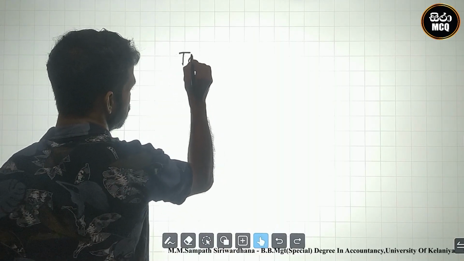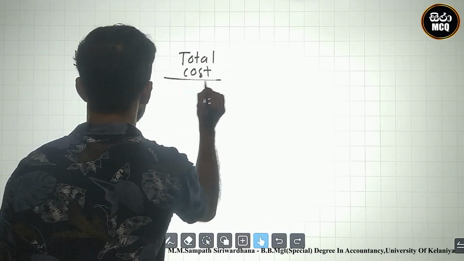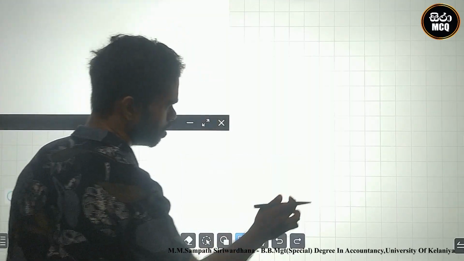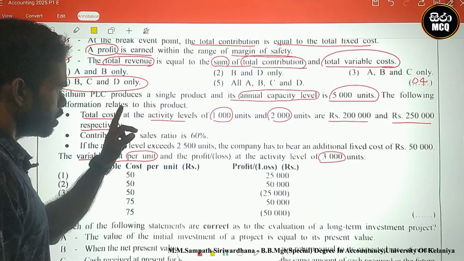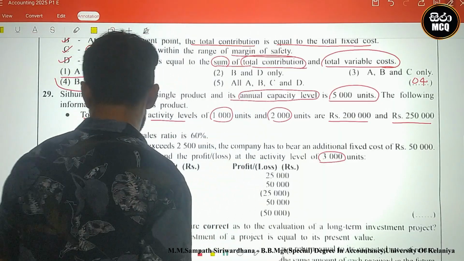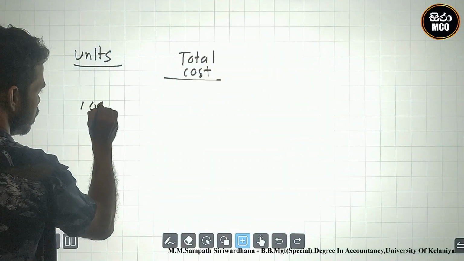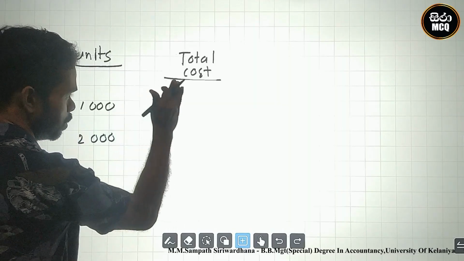There are two activity levels: 1000 units and 2000 units. There is a 1000 unit production and a 2000 unit production. What is the total cost?